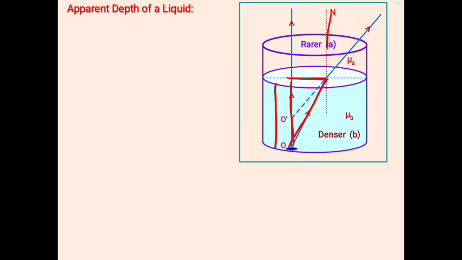We make a normal to the incident, and then HR is the real height of the coin from the bottom to this surface, and HA is the apparent height.